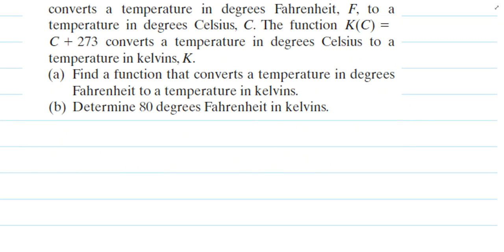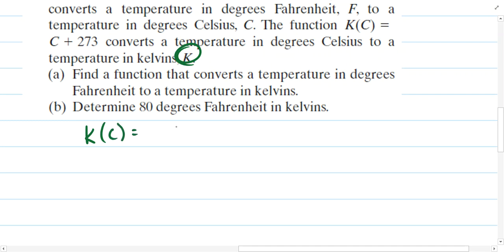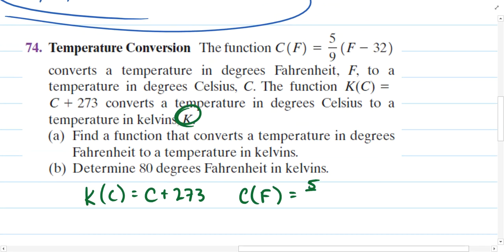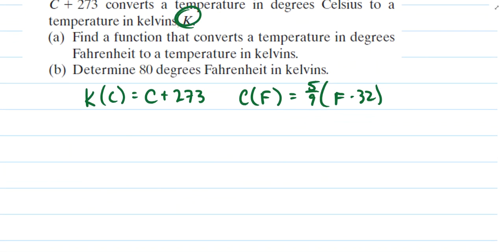Our end result is going to be Kelvin, so we would like to know the Kelvin conversion first, and that's Kelvin based on Celsius is Celsius plus 273. The Celsius temperature based on Fahrenheit is equal to 5/9 Fahrenheit minus 32. And now we can compose one with the other.